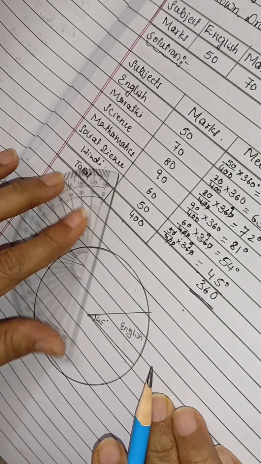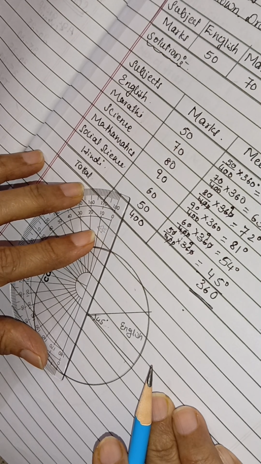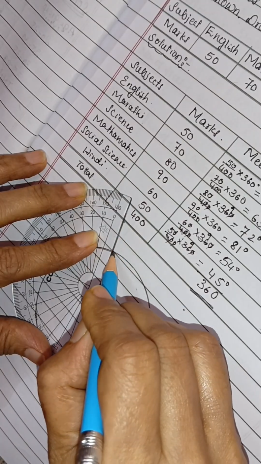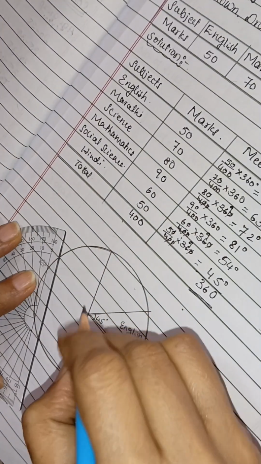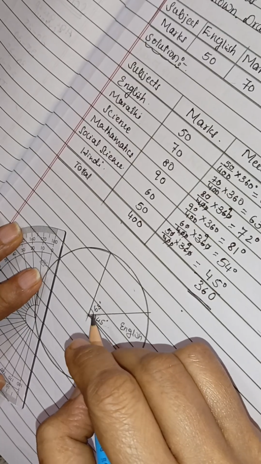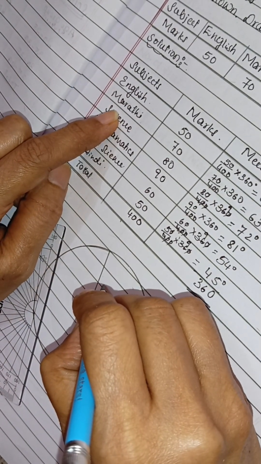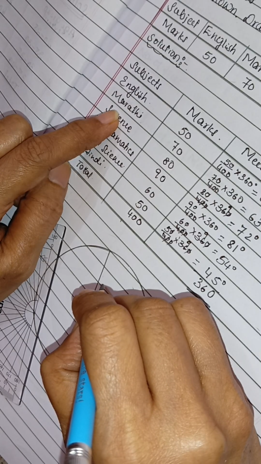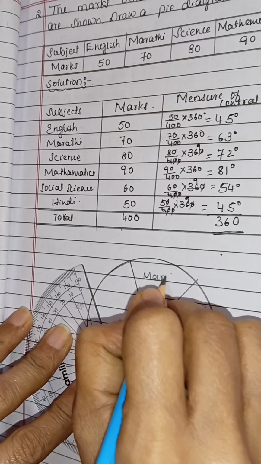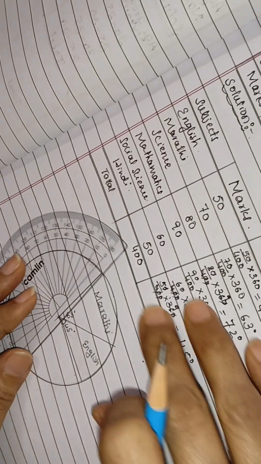Okay, so 63 degrees. This is English, this is Marathi. Let's write like this, Marathi.